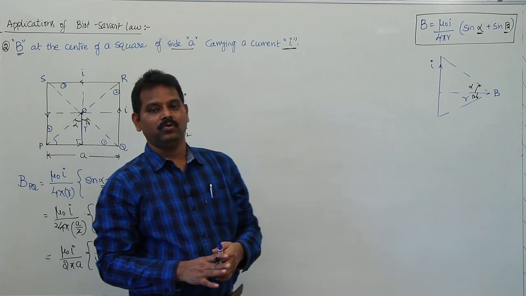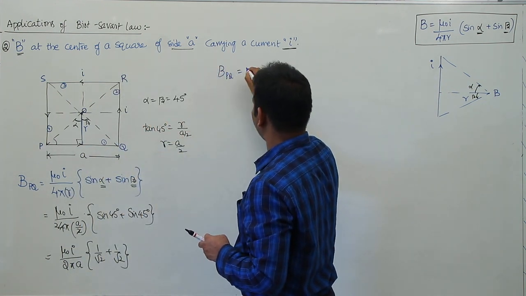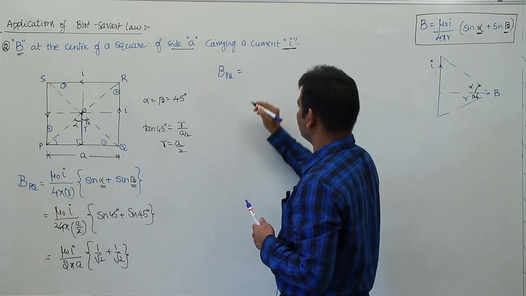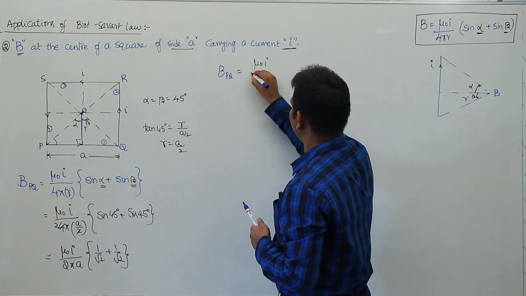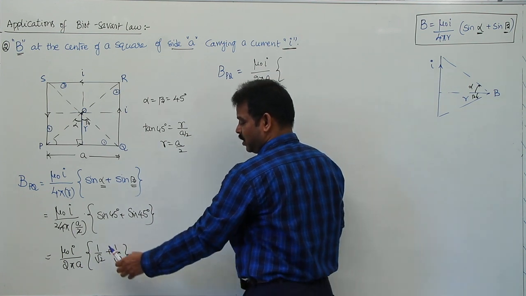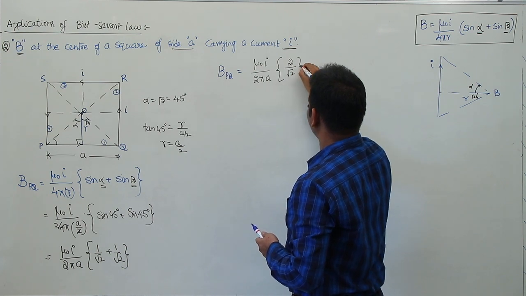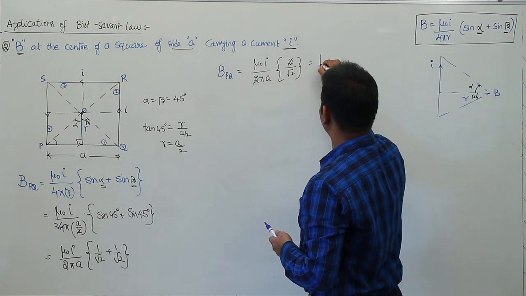So what is the magnetic field due to one of the sides, that is magnetic field due to PQ is given by, you can simplify this equation as mu naught I by 2 pi a. 1 by root 2 plus 1 by root 2 will become 2 by root 2. So I am going to write 2 by root 2. So this 2 gets cancelled.